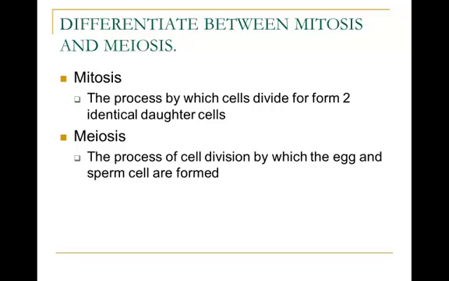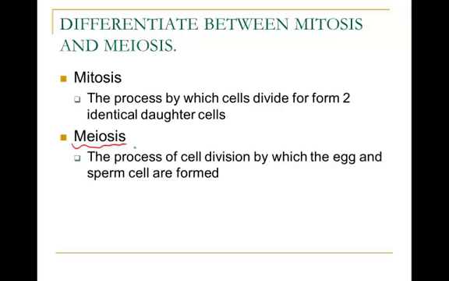There are two types of cell division, because we said that healthy cells can divide to form new cells. Regular cells undergo mitosis, and that's to get two identical daughter cells, except in the process of cell division by which the egg and sperm are formed, that's meiosis.